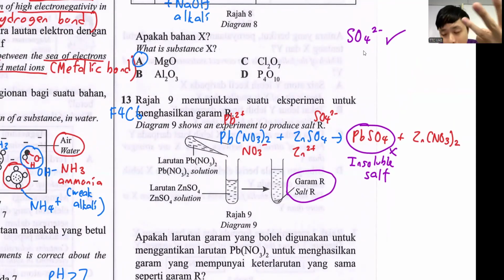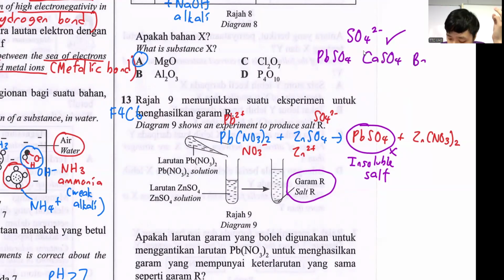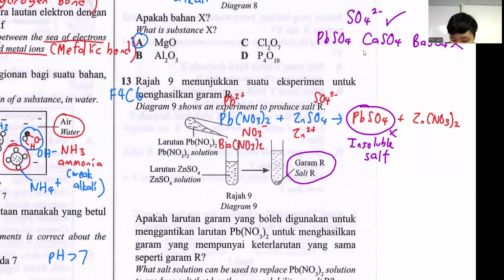There are three that are insoluble: PbSO4, CaSO4, BaSO4. So it means I can use either barium nitrate or calcium nitrate to prepare it, and I will get an insoluble salt.